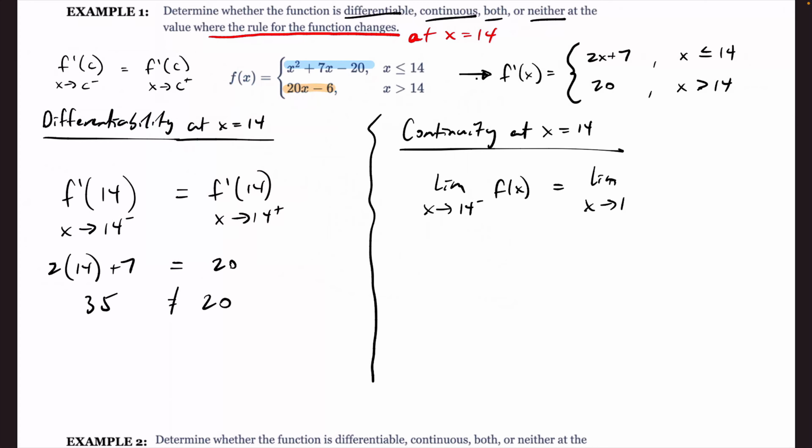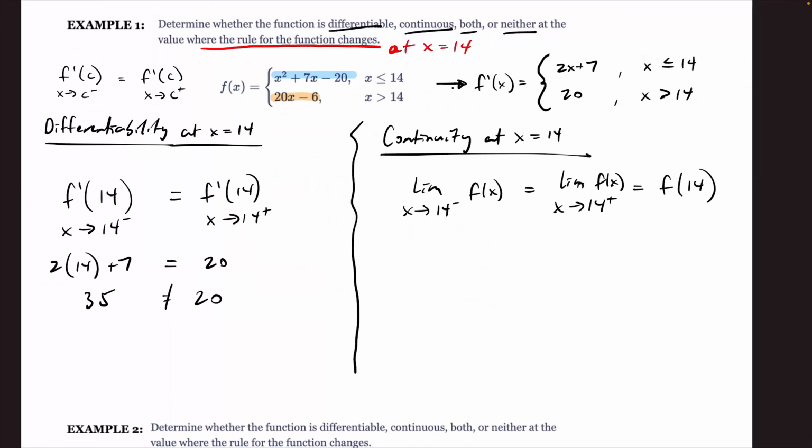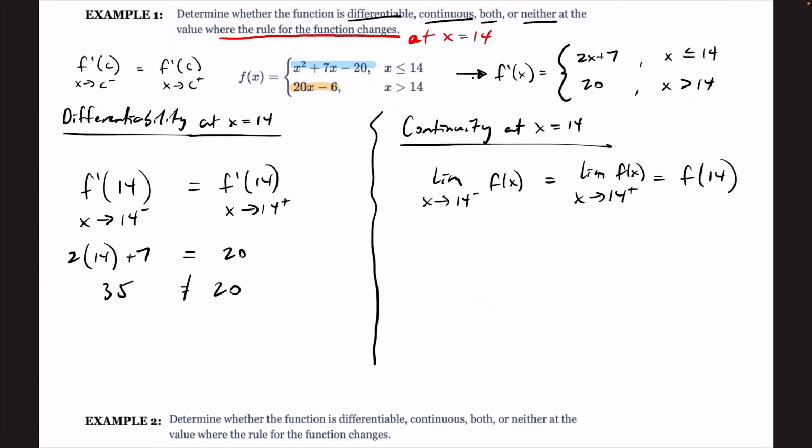We did the original. So the limit as x approaches 14 from the left, the limit as x approaches 14 from the right, and then f of 14. If they're all equal, it's continuous. If one of them is off, not continuous.